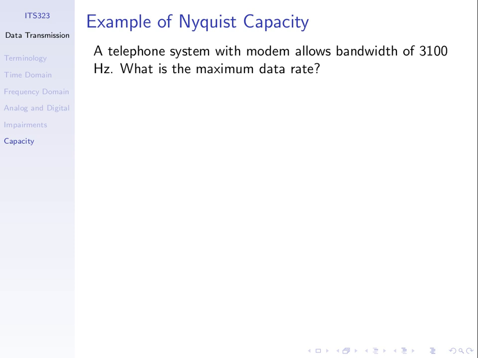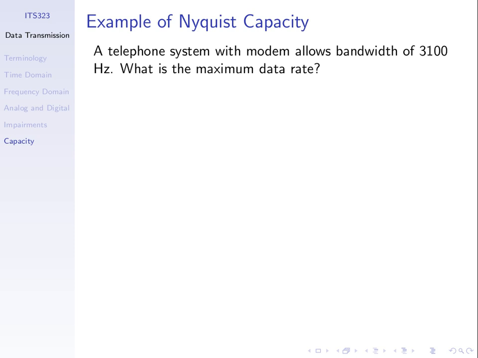How fast? Anyone remember? 56 is a common number that you would have heard, 56 kilobits per second. You had a modem connected to the telephone line. The telephone line, when you talk, transmits a signal with a bandwidth of 3,100 hertz.